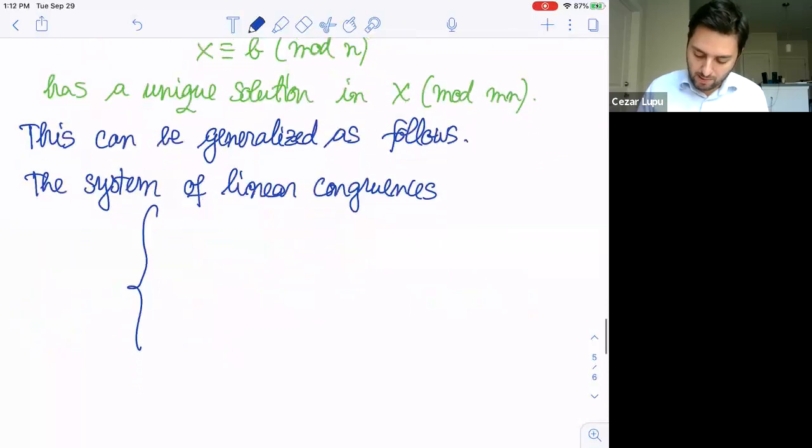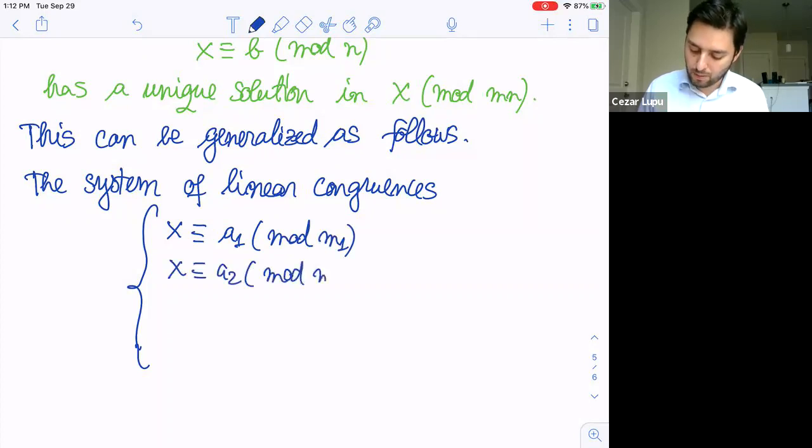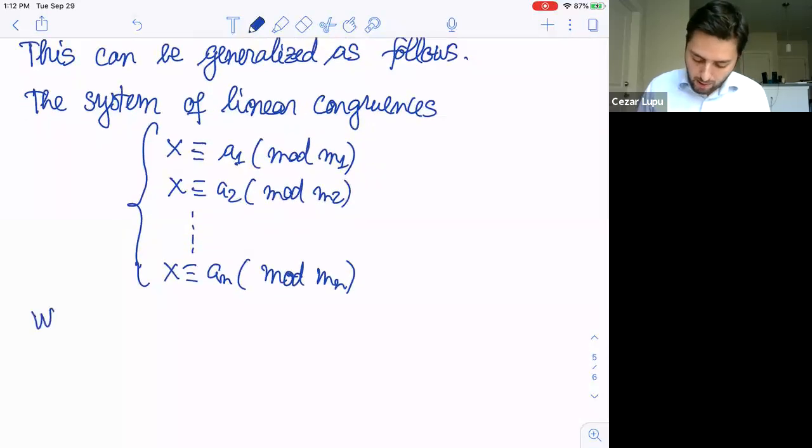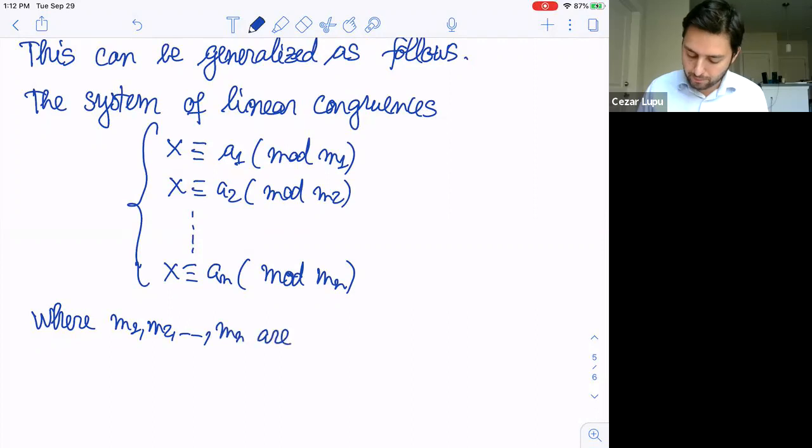So let's say X is congruent with A1 mod M1, X is congruent with A2 mod M2, and we keep going, X congruent with An mod Mn, where M1, M2, through Mn are pairwise relatively prime.